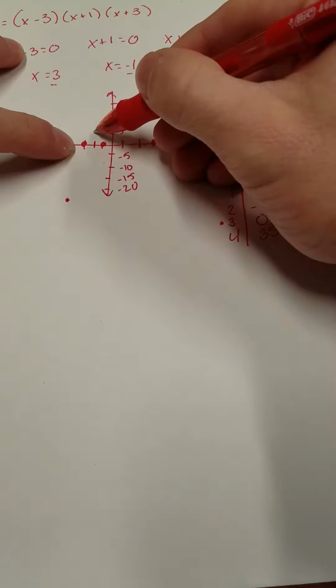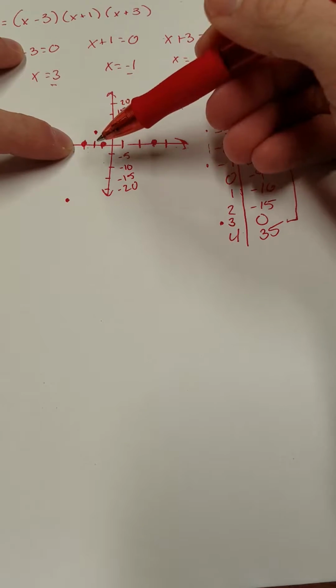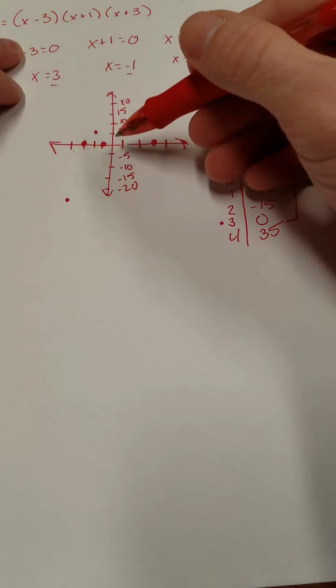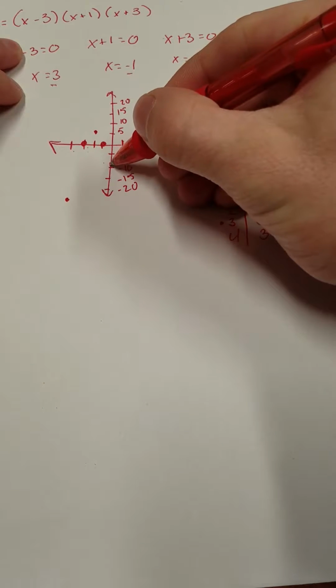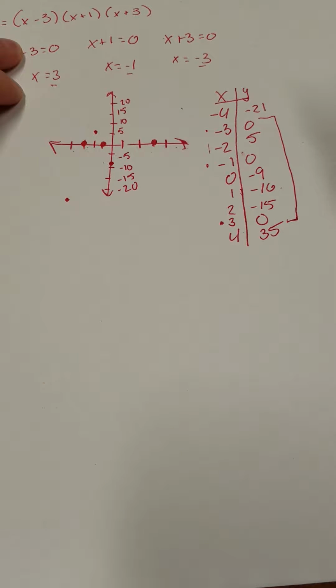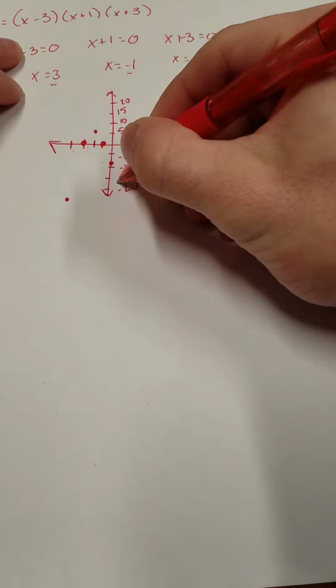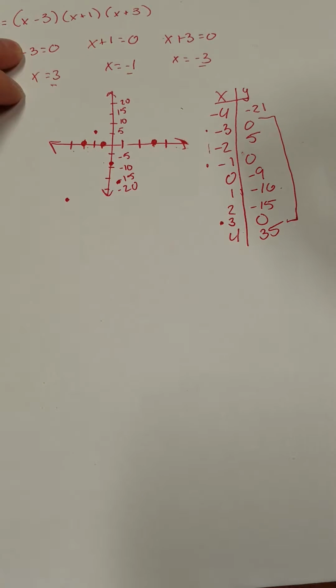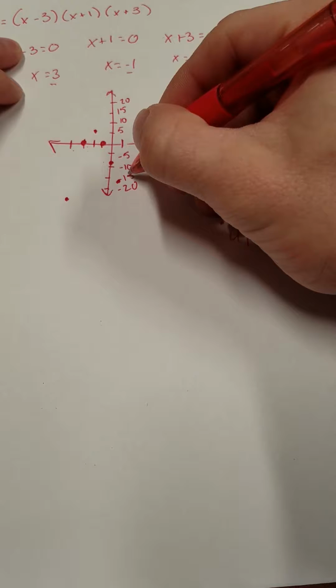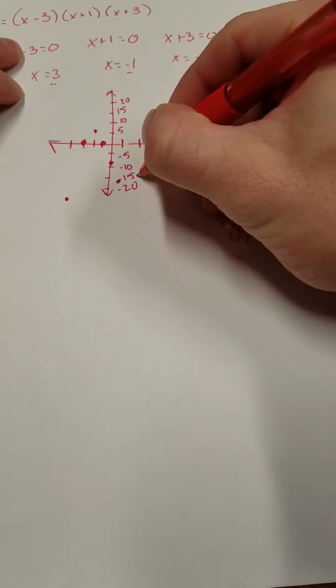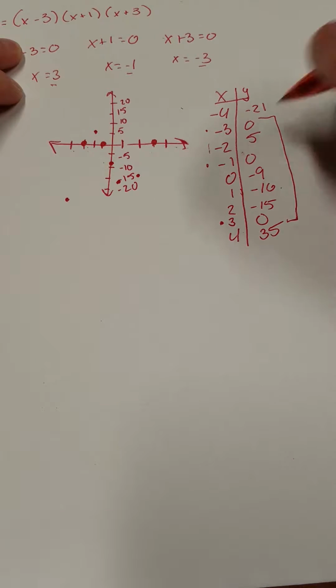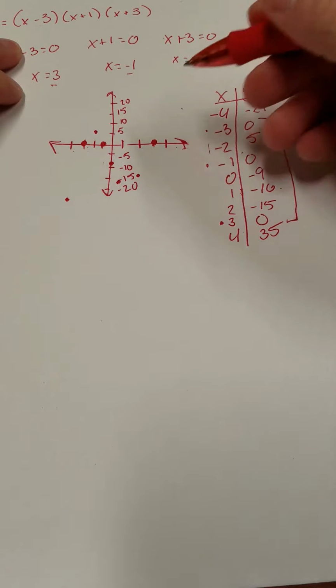Negative 2, positive 5. Negative 1 is at 0. 0 is at negative 9. 1 is at negative 16. 2 is at negative 15. And 3 is at 0. 4 is at 35. Now that doesn't fit on your graph.